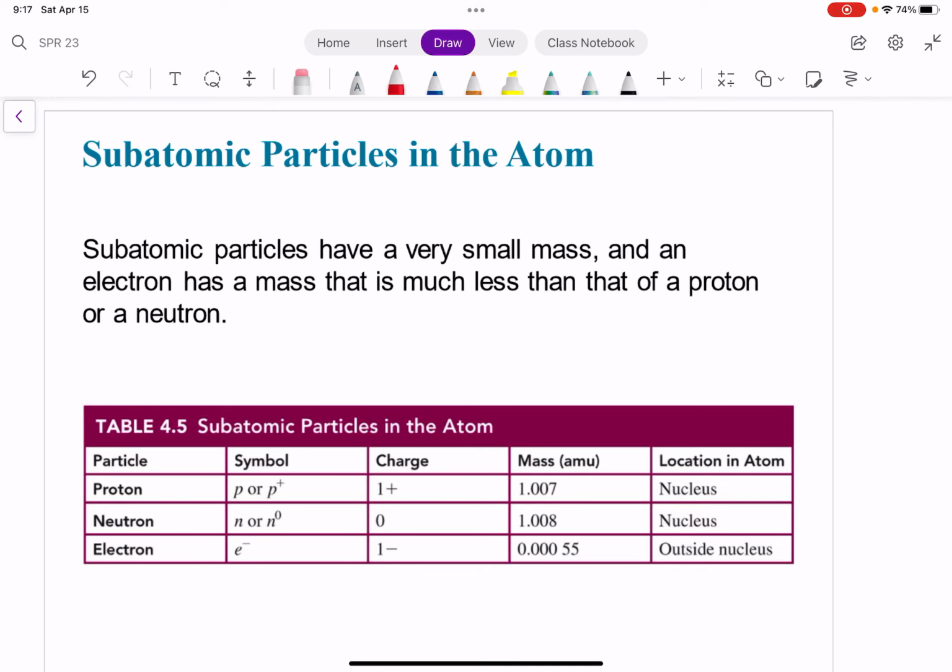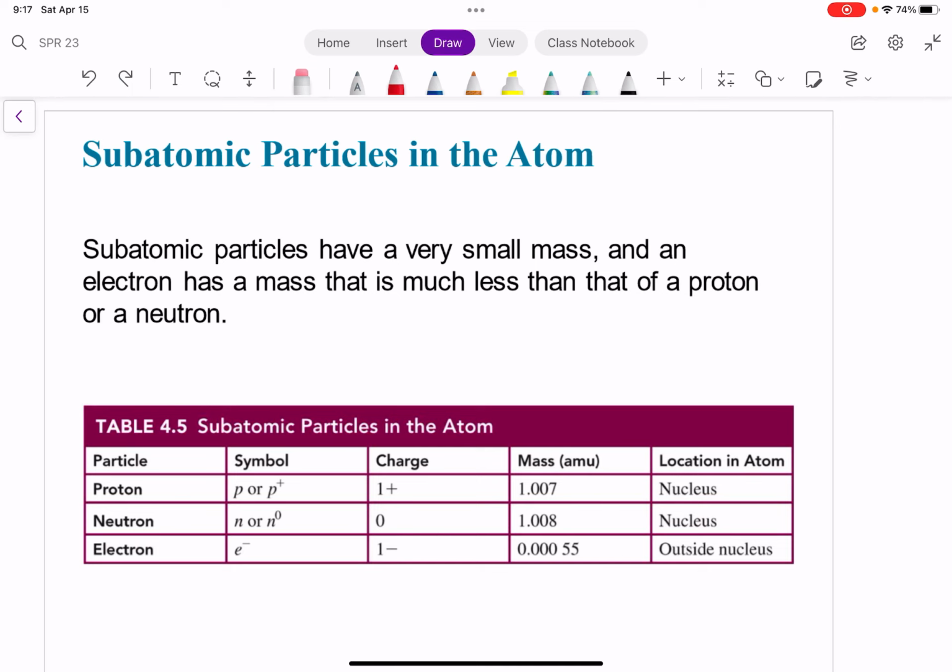Notice that the mass is listed in AMUs because it's such a tiny, tiny number that we would have to write 0.0000000000000 for a very long time to write out that mass. That's why we use AMUs, or atomic mass units.